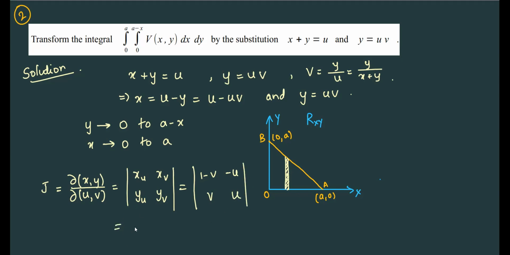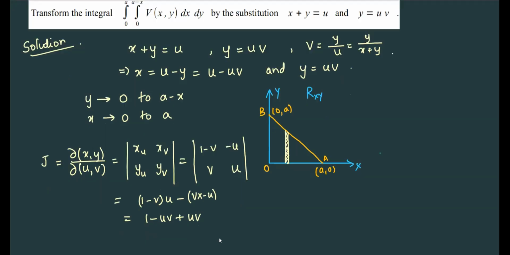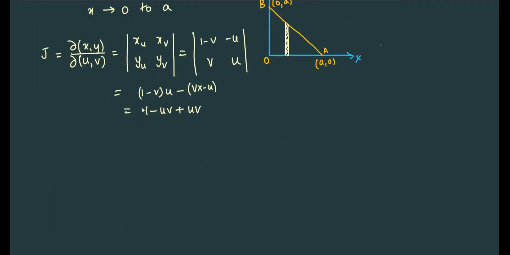So the Jacobian is (1 minus v) times u minus (v into minus u). So u minus uv plus uv, which is u. So this is the Jacobian.